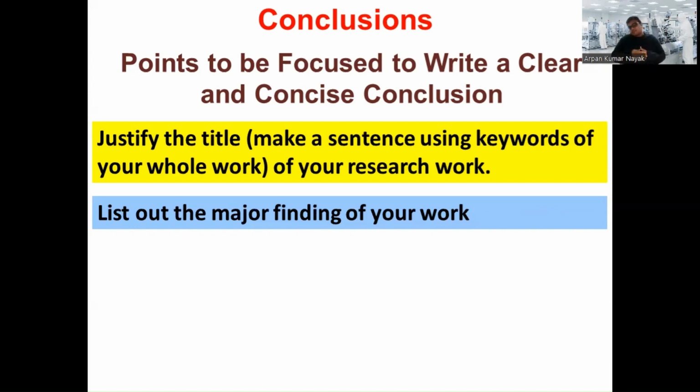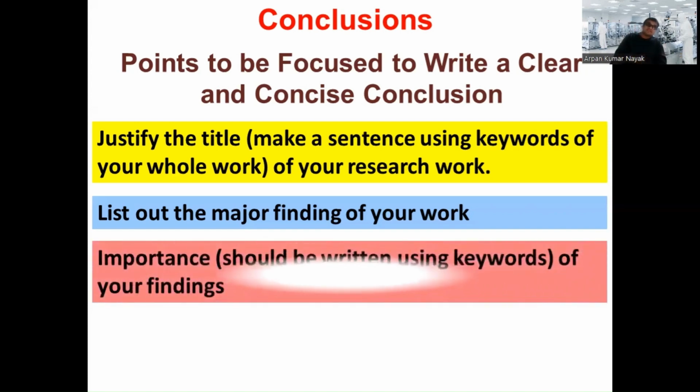And the third part, you should write the importance. What exactly is the importance of your work? Suppose you tell your whole story, you did this research work, and to support that, you did several experiments or theoretical work, and in the results section you discussed them.